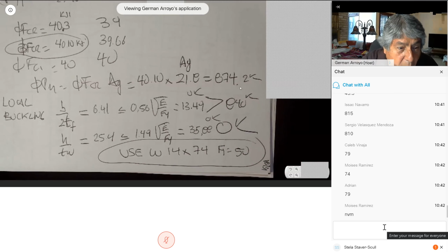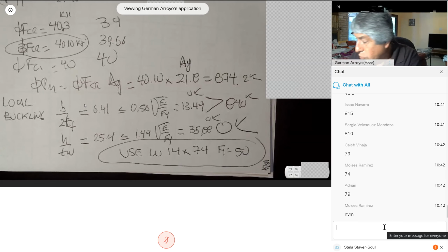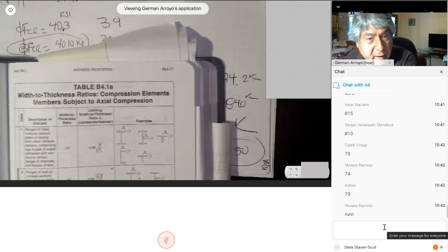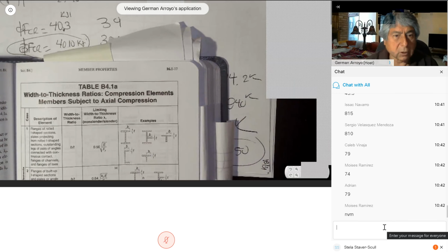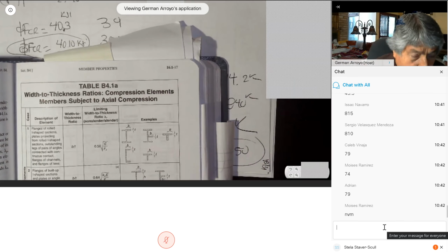I'm going to check what we call local buckling. To check local buckling, I went to chapter B. And in chapter B, yesterday, I showed you this table. Go to page 16.117, table B4.1a.